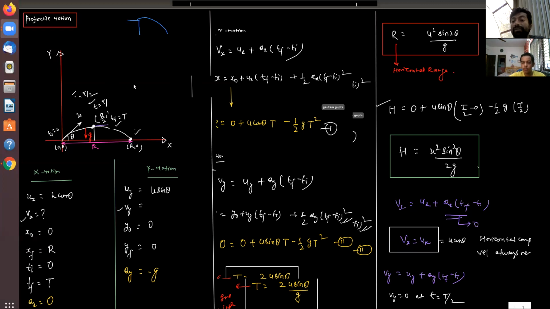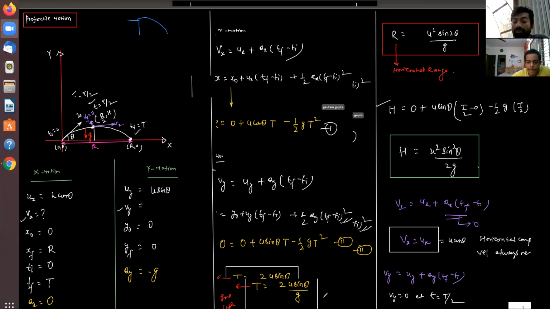So another way of solving maximum height is that you can find the timestamp where the vertical component of velocity vanishes. Is that clear? Because if the vertical component has vanished, only then it will stop moving upward, and that's where it will reach the maximum. So Vx is always constant and Vy varies, and at maximum height, Vy is equal to 0.